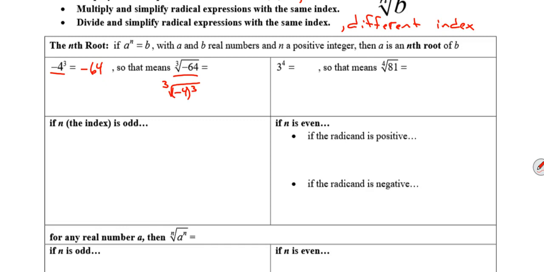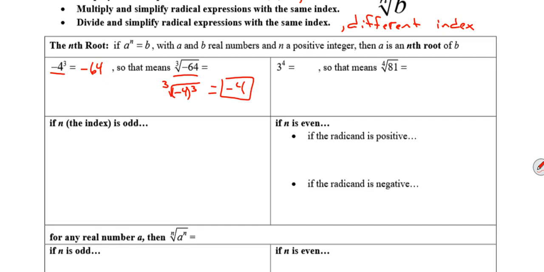Just like addition and subtraction are inverse operations, and multiplication and division are inverse operations, powers and roots are inverse operations in much the same way. So the third root of negative 4 to the third power is simply negative 4. That root and that power will undo each other.